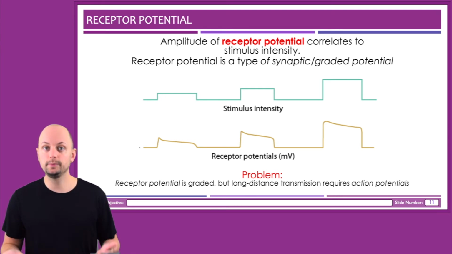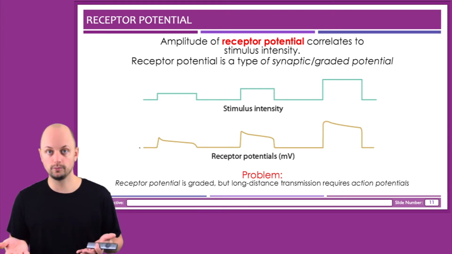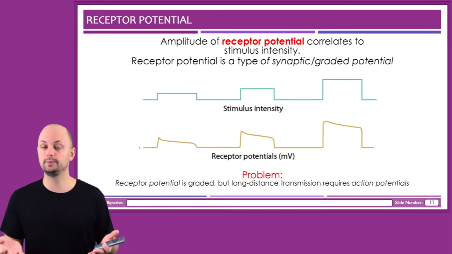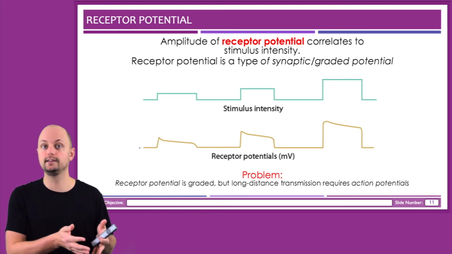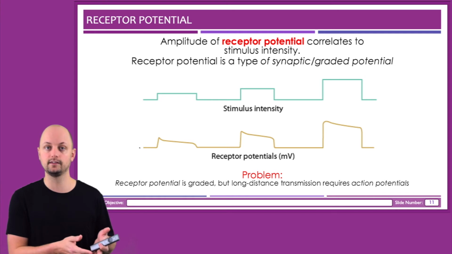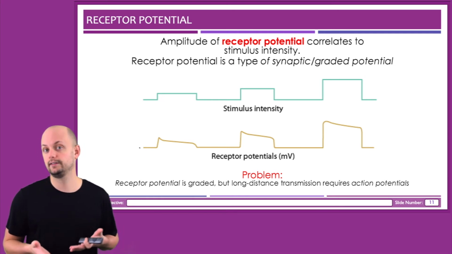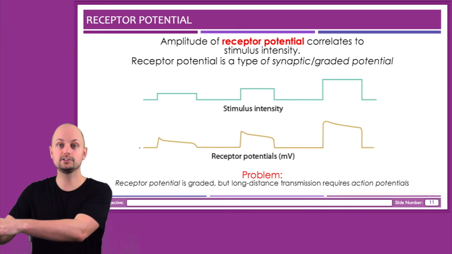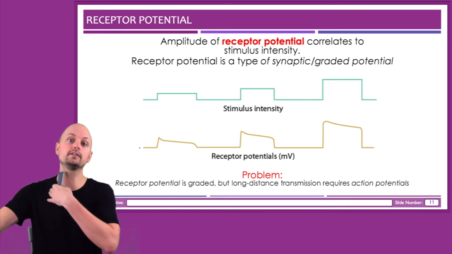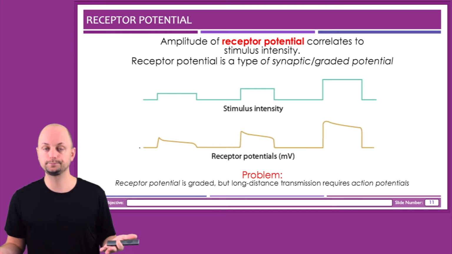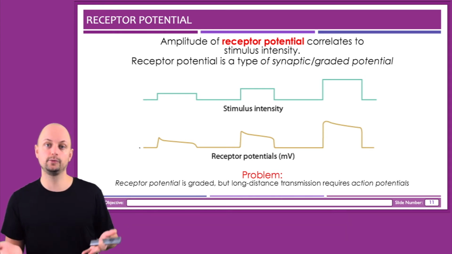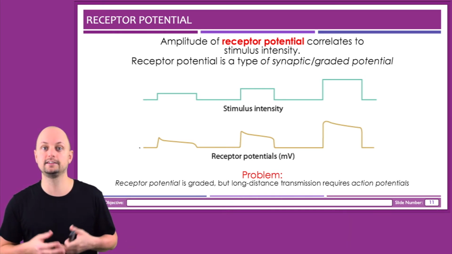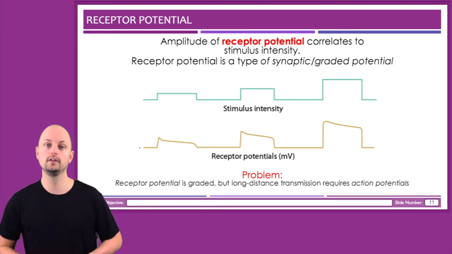But the graded potential on the dendrites creates a functional problem because we know that graded potentials decrease in intensity over time and over distance. And if we're talking about, say, a touch receptor on the tip of my finger here, that message has to travel almost a meter to get into the spinal cord. And it would never make it if it was only a graded potential because it's a passive electrical signal.